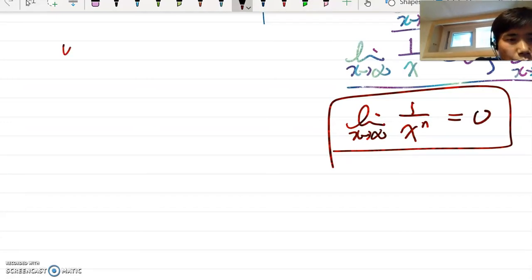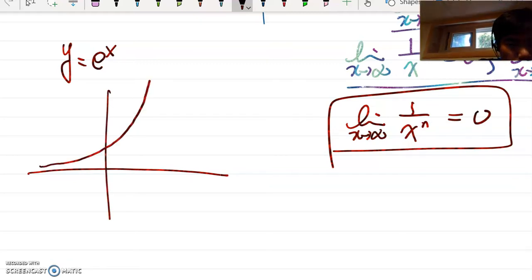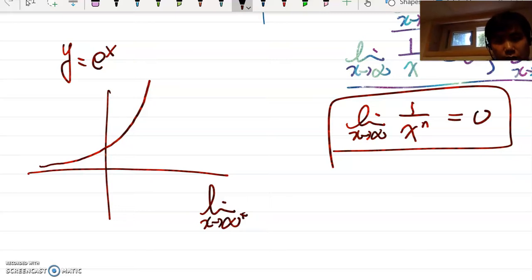Another one: what about y equal to e to the x? We know this graph looks like this, this is the e to the x graph here. In this case, the limit as x moves to the positive side becomes positive infinity.